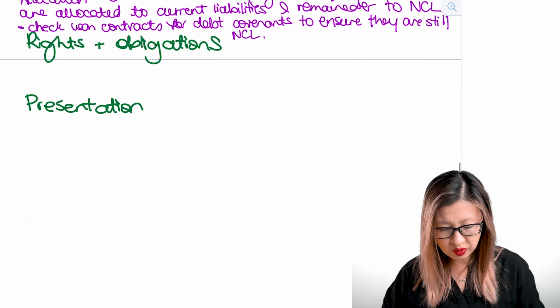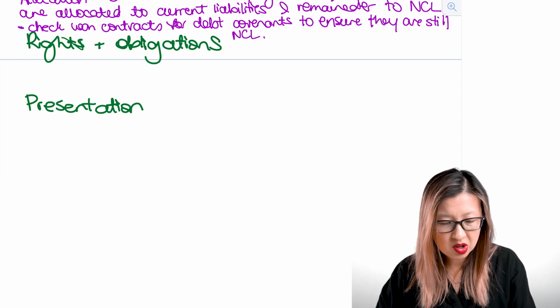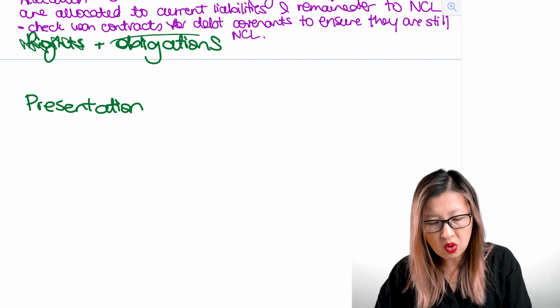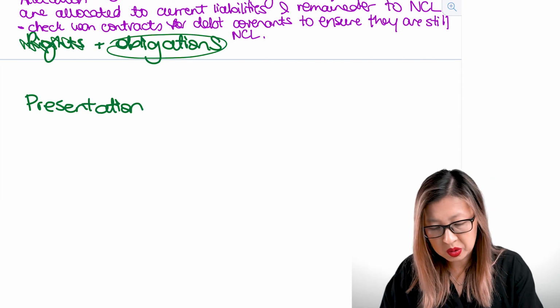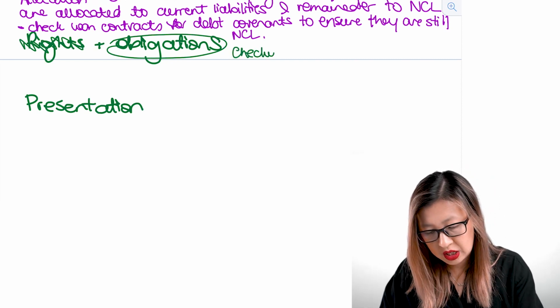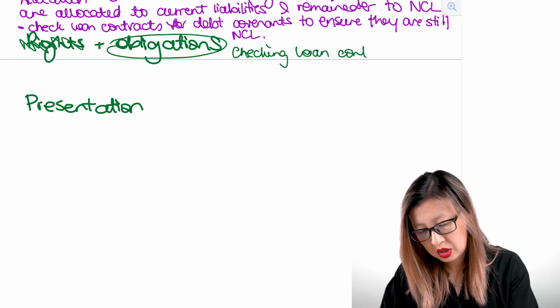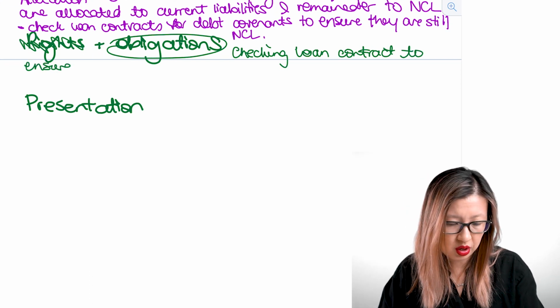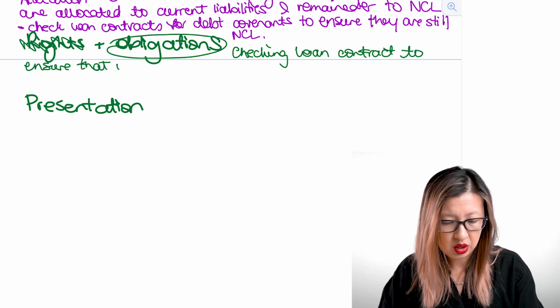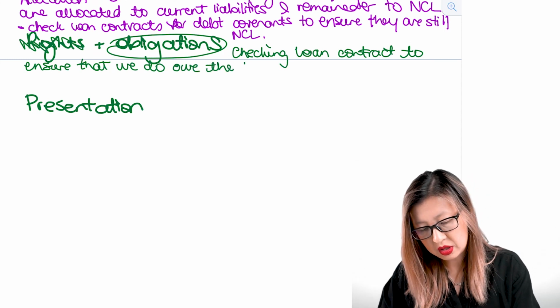Let's move on to rights and obligations now. And remember, in this one, it's not so much rights, more about the obligation side of it. So again, we're going to be checking the loan contract to ensure that we do owe the bank funds.